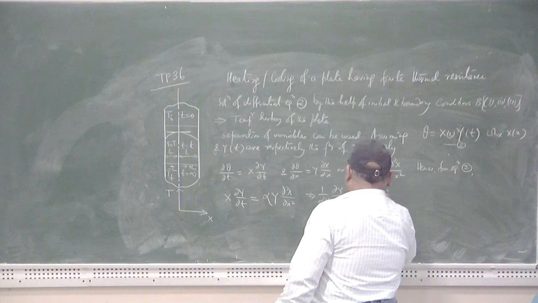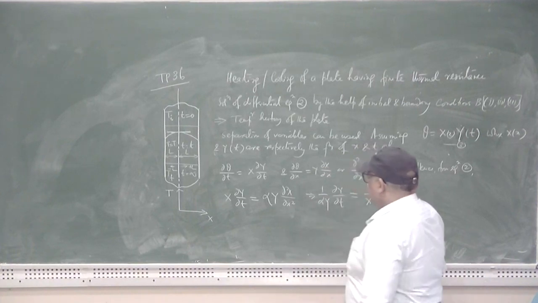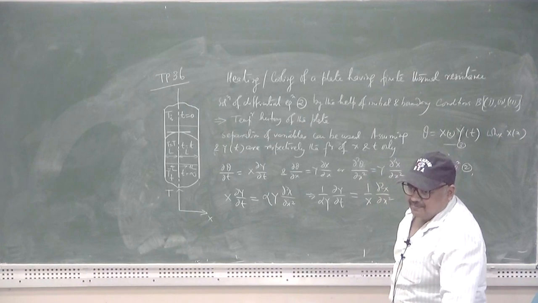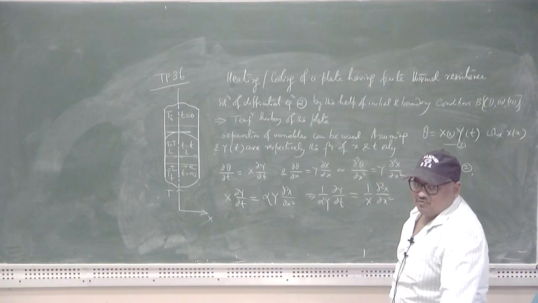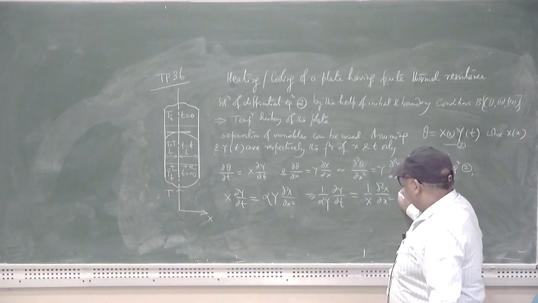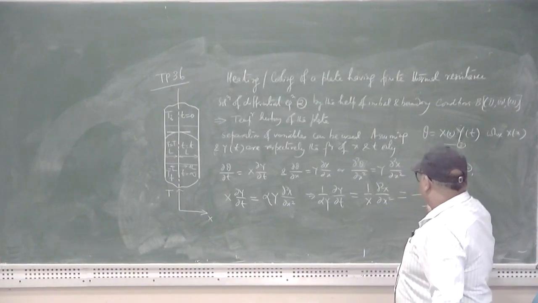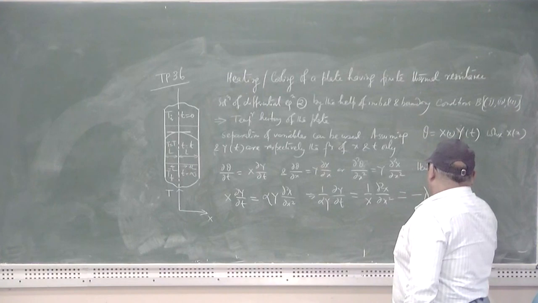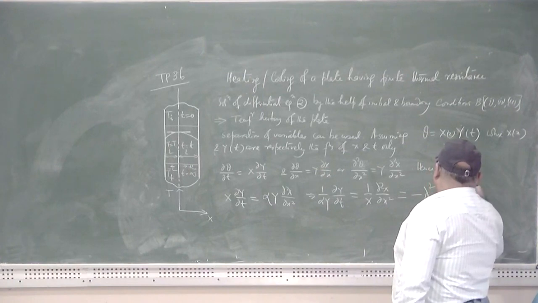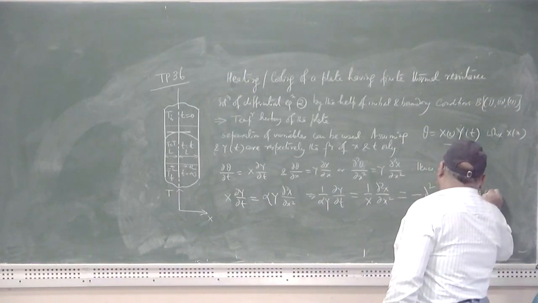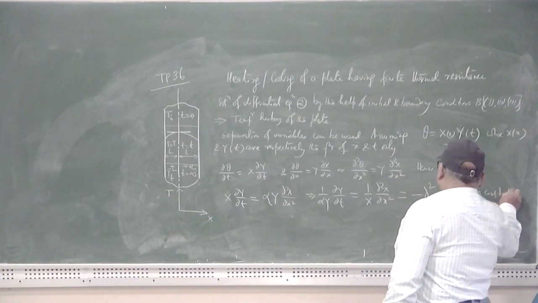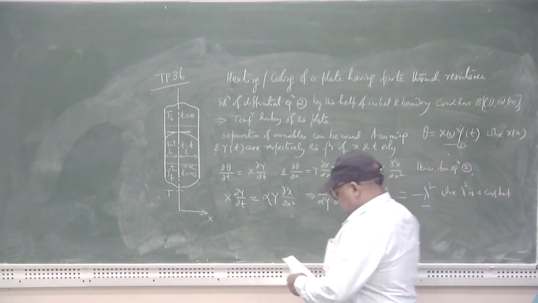d²x/dx². So, as in the case of the analytical solution of the Laplace equation by the separation of variables technique, let it be equal to minus lambda square, where lambda square is a constant. So, minus lambda square is a negative constant.